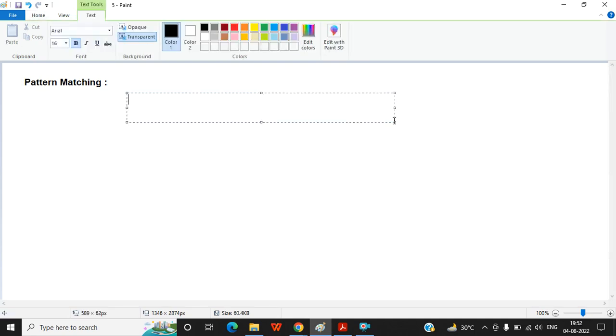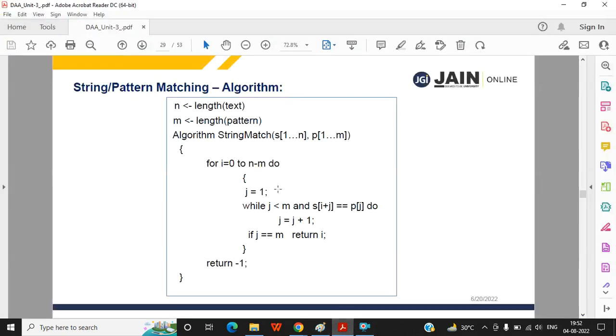Basically, suppose this is a string, Indonesia.